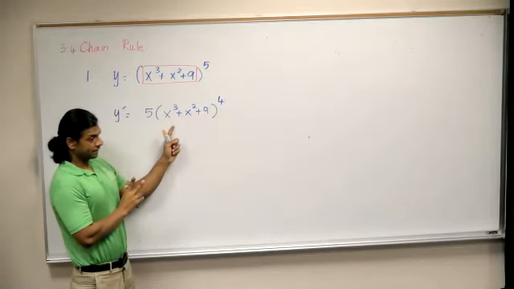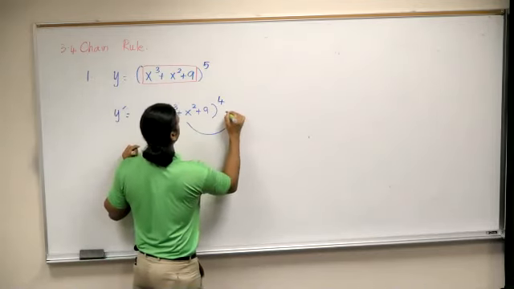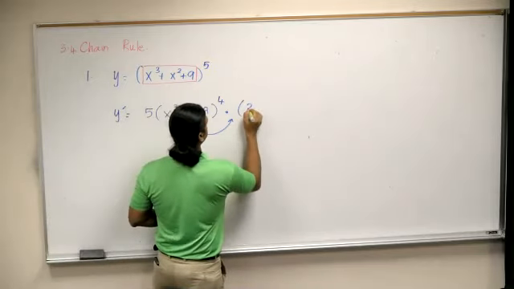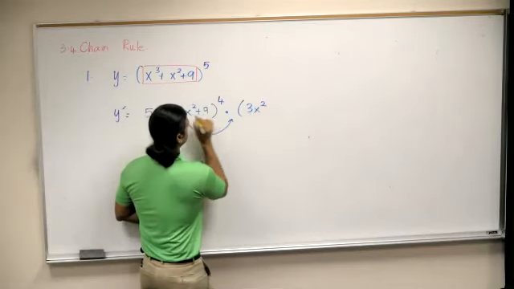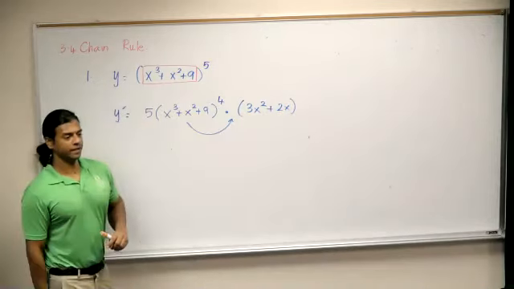Are we done yet? No. You've got to take the derivative of whatever is inside, so you get 3x squared plus 2x. Derivative of 9 is 0.